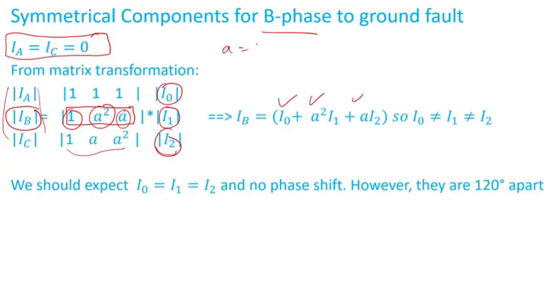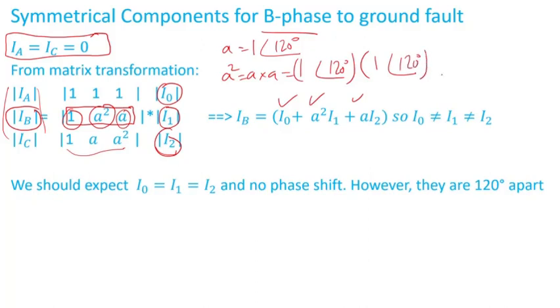Again, A is amplitude of 1, angle of 120. If you take the square, it's just A times A, which is 1 with an angle of 120 degrees times itself. 1 times 1 is just 1, 120 plus 120 is 240 degrees, or 1 with an angle of negative 120 degrees. It's the same.